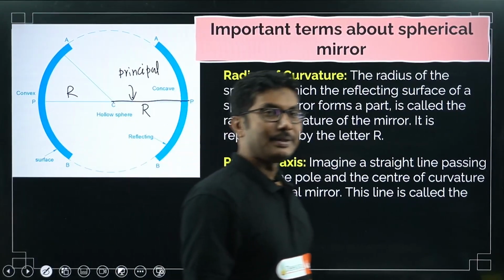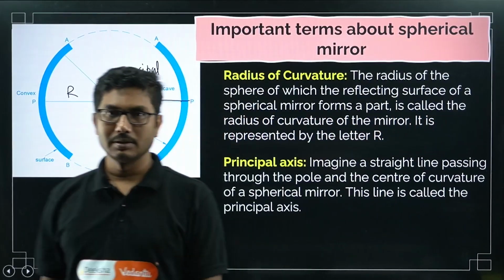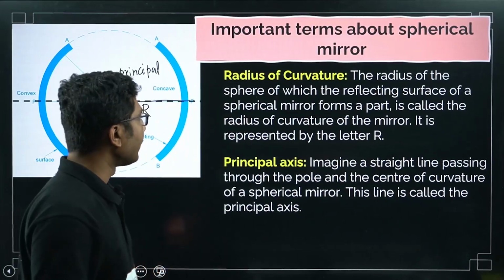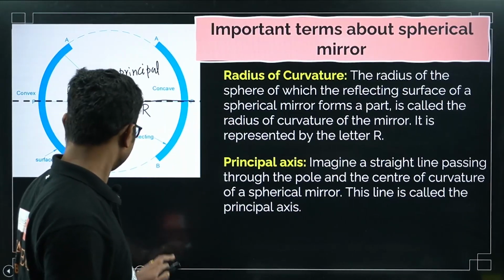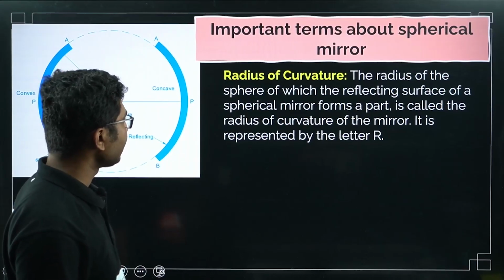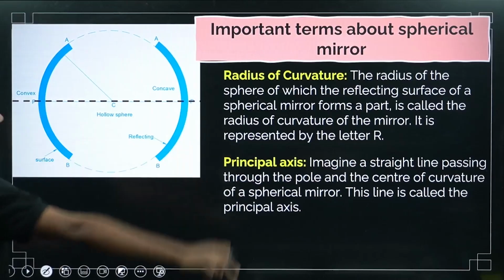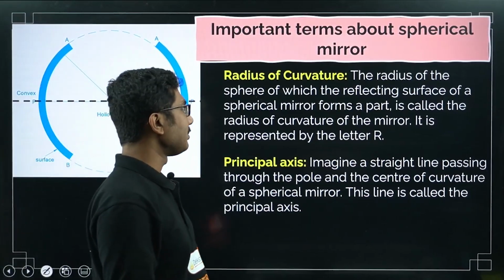This dotted line here is representing the principal axis.